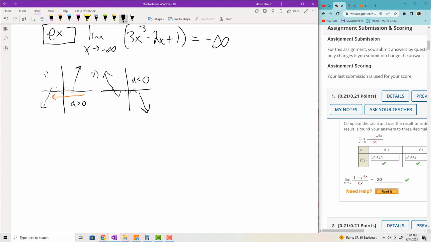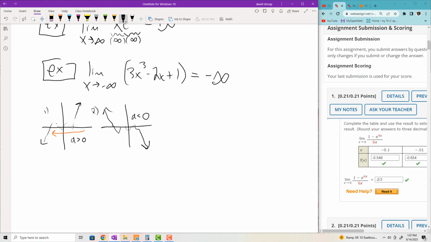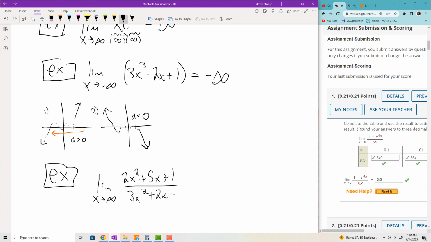Okay, so what else did we see? Rational functions. So for example, the limit as x goes to infinity of some polynomial over some other polynomial. And what's happening here?